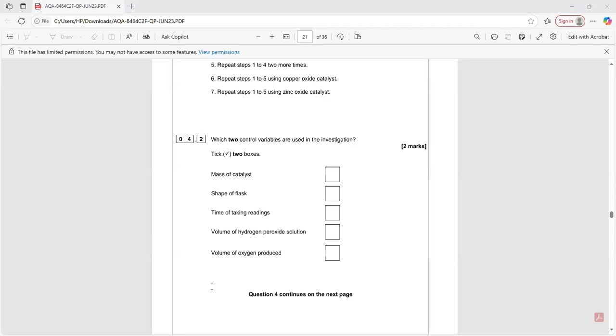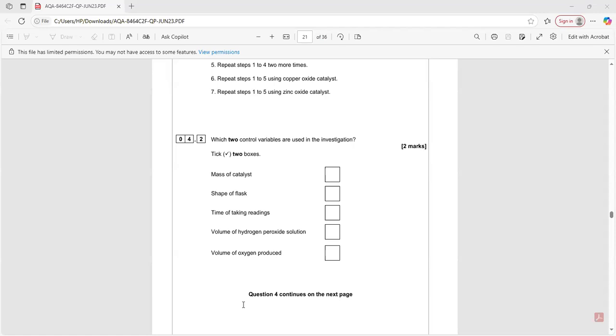Well, we can say that, but let's stick with shape of flask and mass of catalyst. The other ones are likely to influence the reaction, which are hydrogen peroxide and volume of oxygen produced. Yes, those ones are likely to influence it.